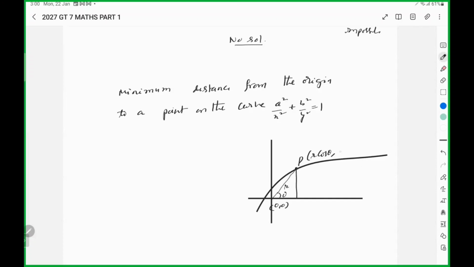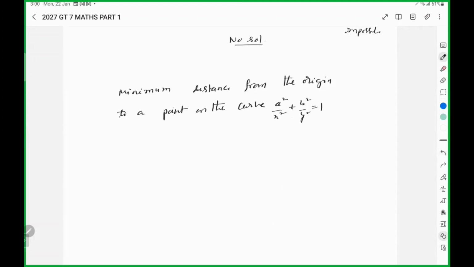This point's coordinates are r cos theta, r sin theta. But if I, instead of this, take any point on the curve, I will take x as a cosecant theta, y as b cot theta.